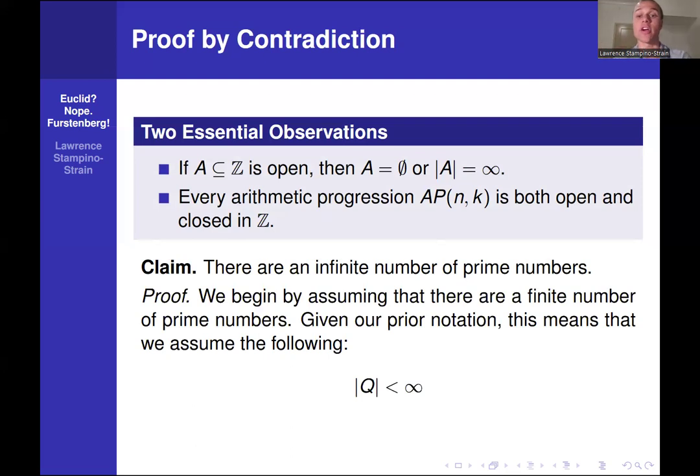We begin by assuming that there are a finite number of prime numbers. Obviously, this is going to use a proof by contradiction. So we assume that there's a finite number of prime numbers, and given our prior notation, this means that we assume the cardinality of Q, which is our set of prime numbers, is less than infinity. It's finite.